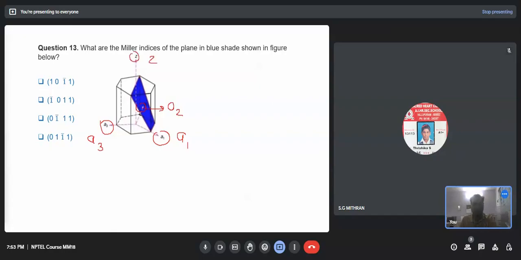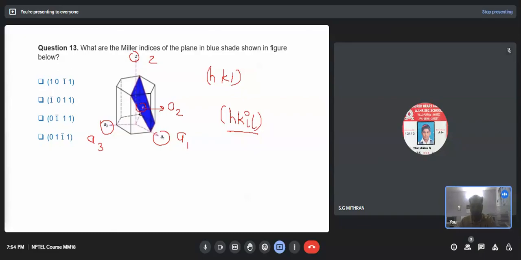Now, normally how do we calculate Miller indices? We calculate in HKL manner. Here the things are different. We have to calculate four values of Miller indices, HKIL. For that, first we'll start from here. Wherever it intersects, we have to see and give the value of the Miller indices.